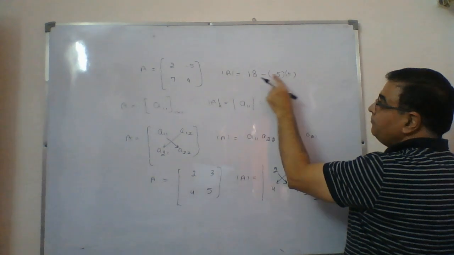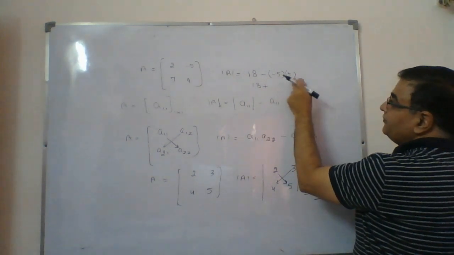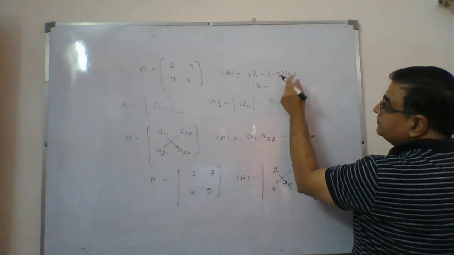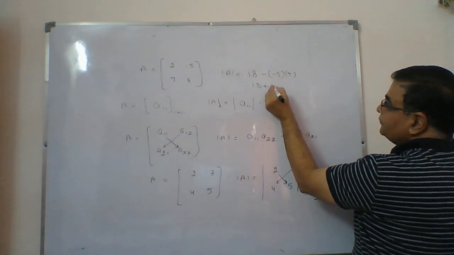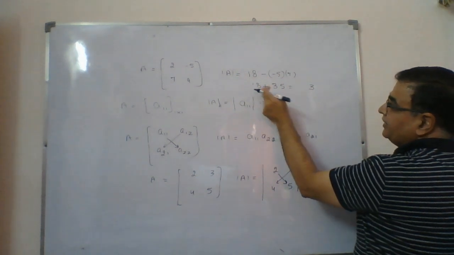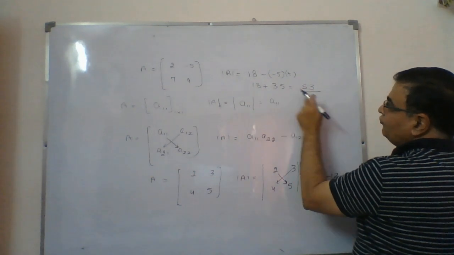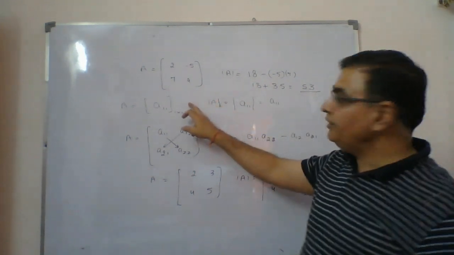This minus will remain, minus 5 into 7. So 18 plus 35, because 7 5s are 35 and plus will be there. 18 plus 35 is 53, the value of determinant we have.